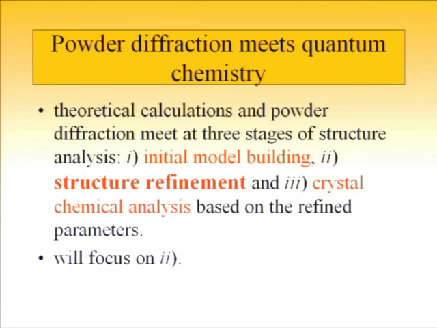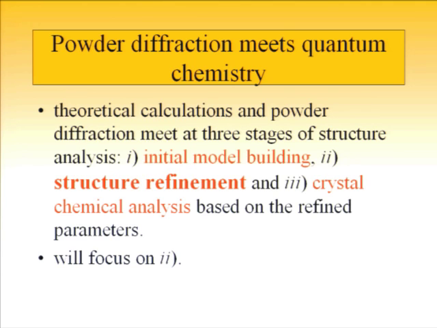The basic question is where powder diffraction meets quantum chemistry, or if ever, for someone. So for me, powder diffraction meets theoretical calculation of, say, quantum chemistry or solid-state physics at 3 stages of structure analysis. First, initial model building.